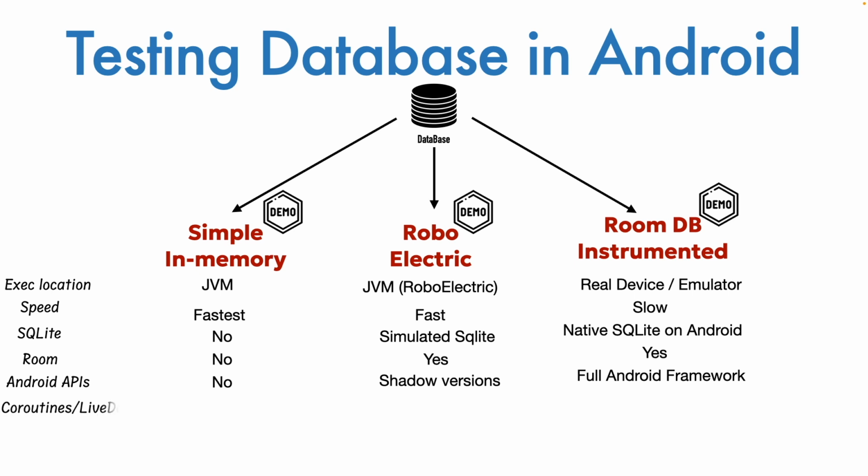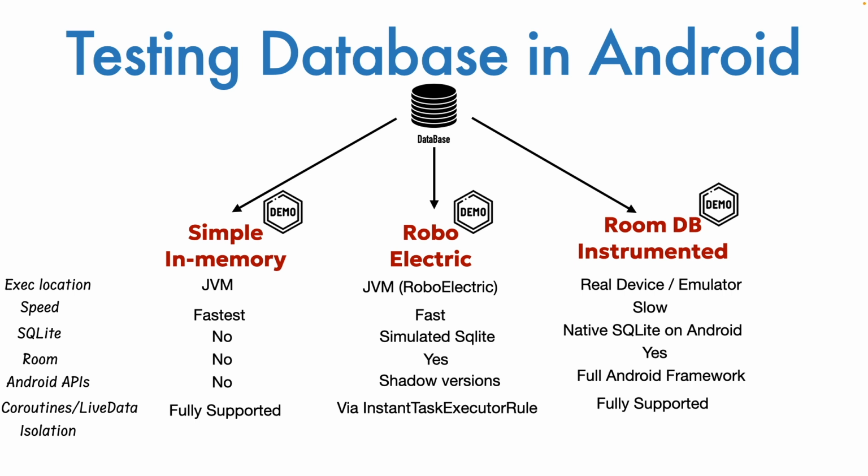And then when it comes to coroutines and live data testing, yes, in simple in-memory also it is fully supported. Robolectric also supports it, but to make it easy to test, we used the instant task executor rule. We pretty much used a very similar mechanism here as well, that is instrumented RoomDB. And then isolation, in case of simple in-memory, it is totally fake because we create our own custom in-memory implementation.